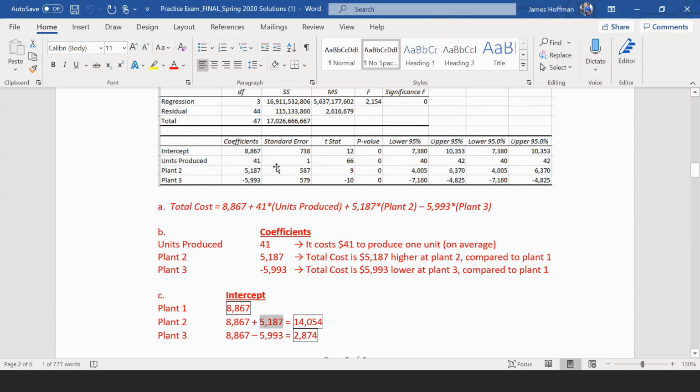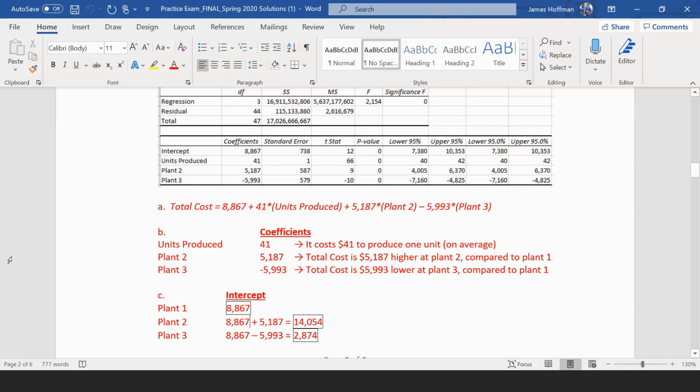Okay, and so like we discussed, plant 2 is this much more than plant 1. And so all you have to do is add this amount to the plant 1 intercept. So this plus this is the intercept for plant 2, which is higher.